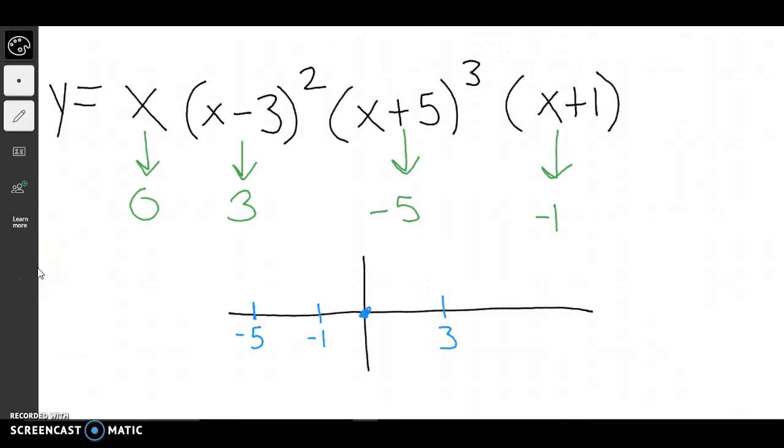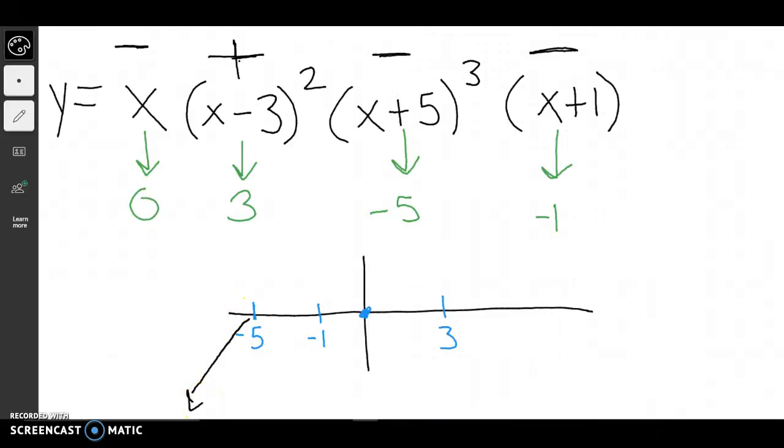If you plug -1,000 in for x and square it, it's going to be positive. If I plug in -1,000 and add 5 to it, it's still negative, and then I cube that, it stays negative. And if you plug in -1,000 and add 1 to it, it stays negative. Well, a negative times a positive times a negative times a negative is going to be negative. So it starts down here.